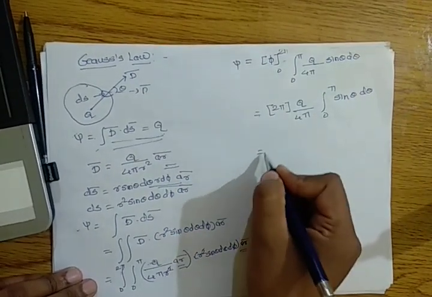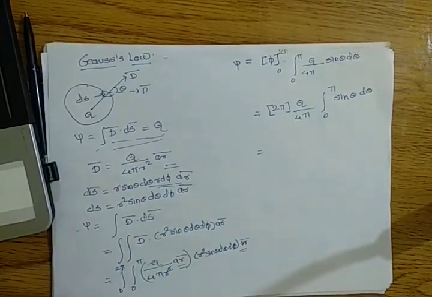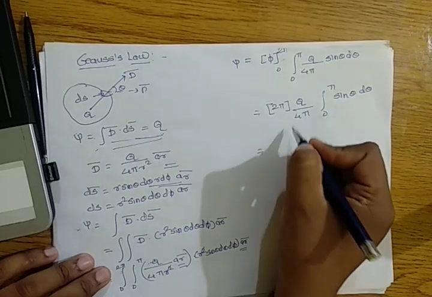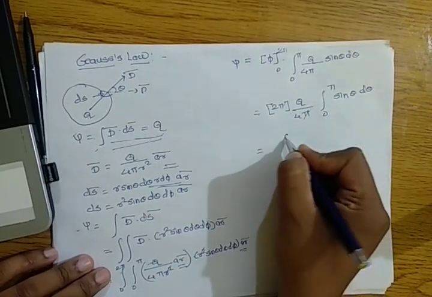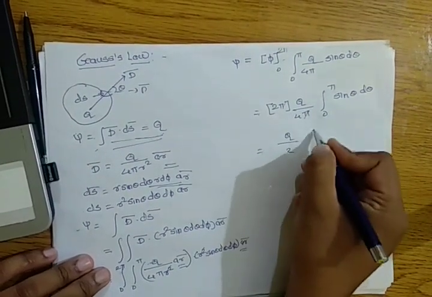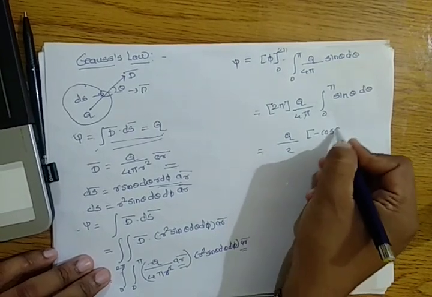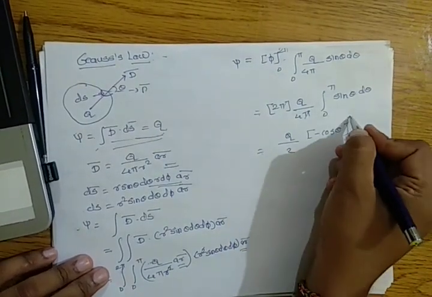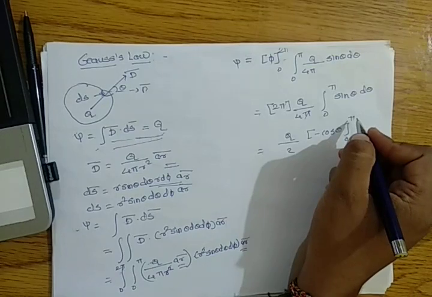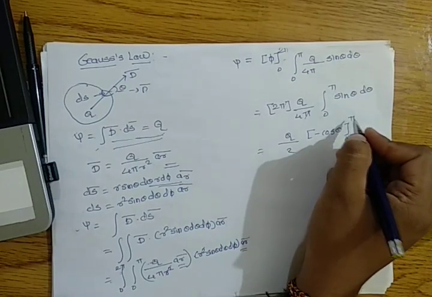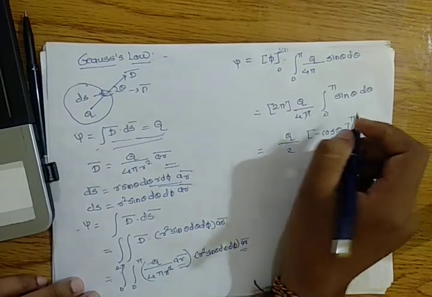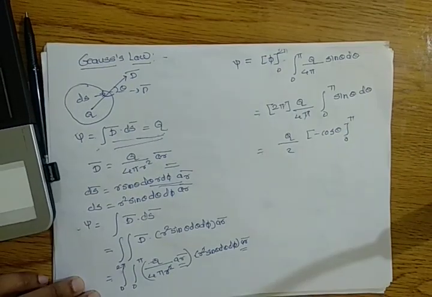Now 0 to 2 pi integration gives 2 pi. Taking Q and 4 pi common, integration of sin theta d theta from 0 to pi. Integration of sin theta is minus cos theta, so the 2 pi gets cancelled, and we get Q divided by 2 times minus cos theta from 0 to pi.